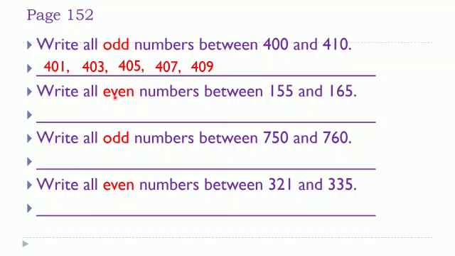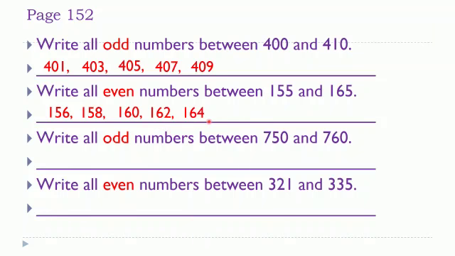Now similarly here they have asked to write the even numbers between 155 and 165. So even numbers means what should be the last digit? It should be either 2, 4, 6, 8 or 0. So after 155 the even number is 156. Next one will be 158. After that 160, then 162, then 164.